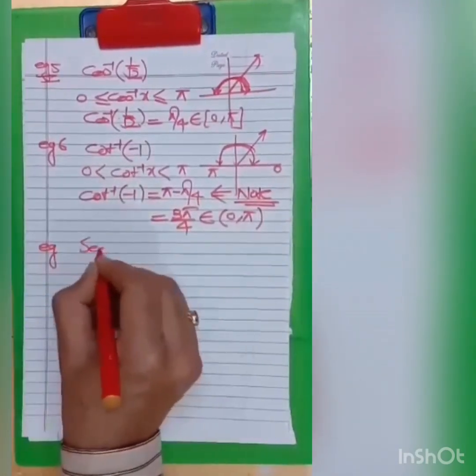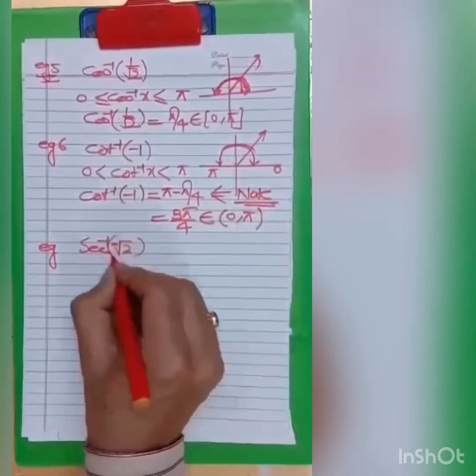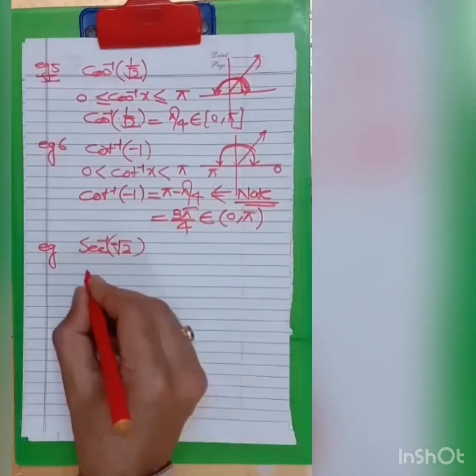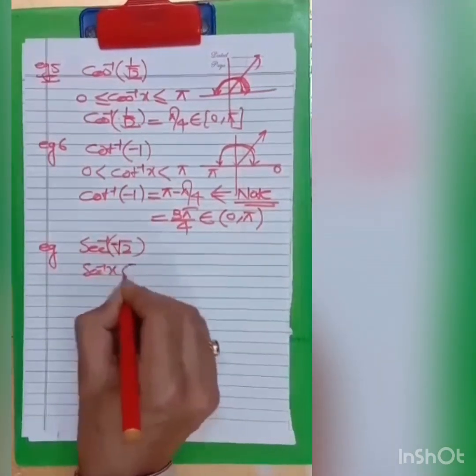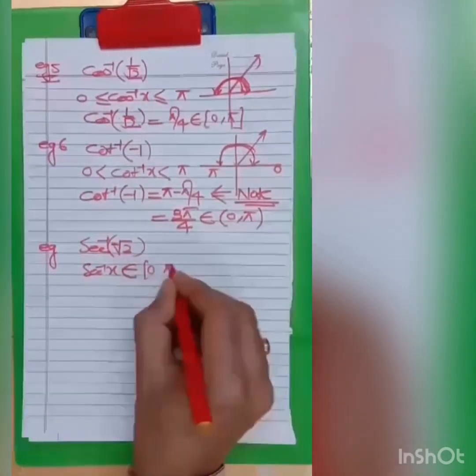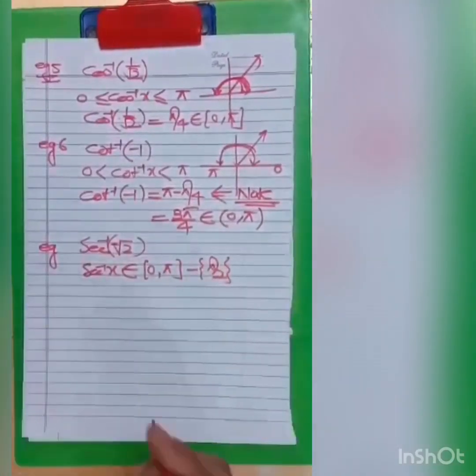Now in the case of secant, suppose you have secant inverse minus root 2. Now as you know, secant inverse has its range from 0 to pi except pi by 2, because pi by 2 is not lying in this range.